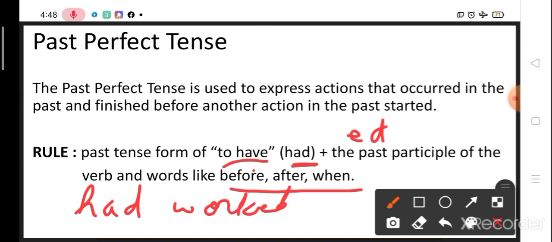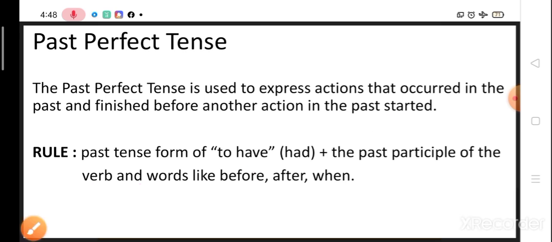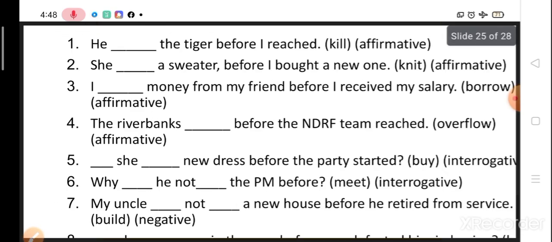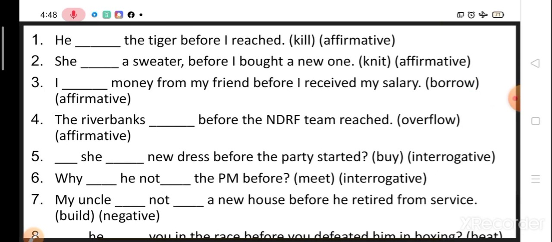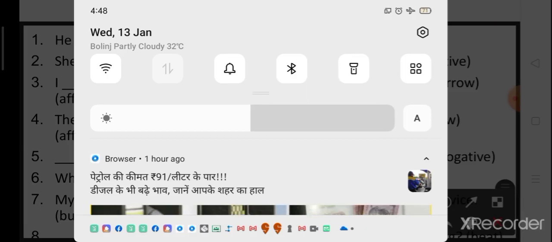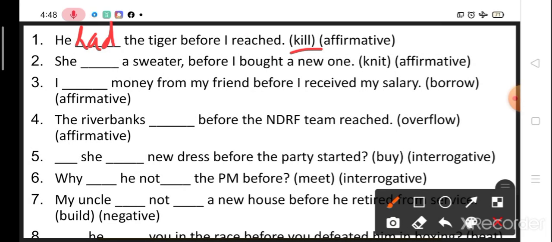These type of sentences are past perfect tense. Let us see a few examples. He had killed the tiger before I reached.